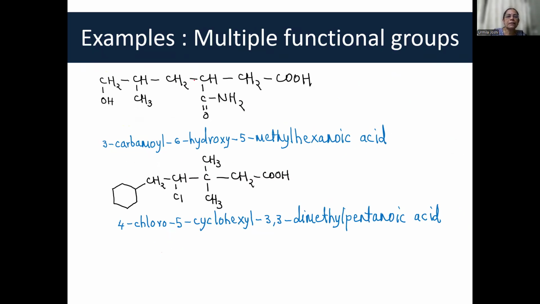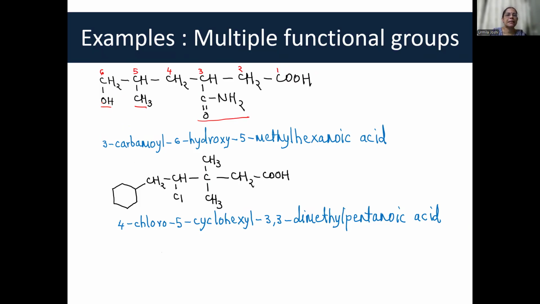Now look at this. How many functional groups? First, there is COOH, there is CONH2, and there is OH. Among these three, COOH always gets a priority. So start numbering from COOH, 1, 2, 3, 4, 5, and 6. So this is a substituent, this is a substituent, and this entire thing is also a substituent.